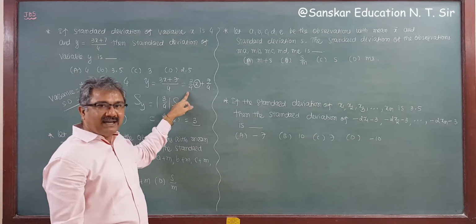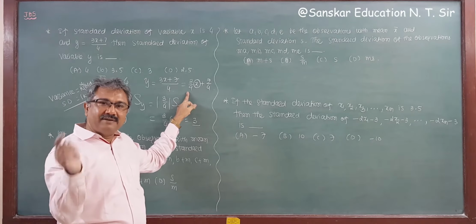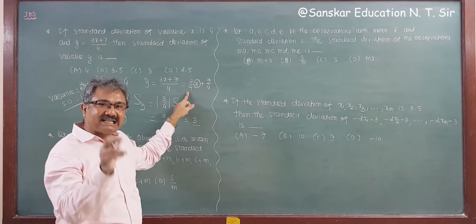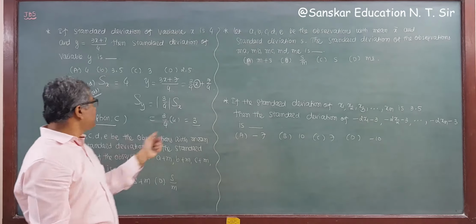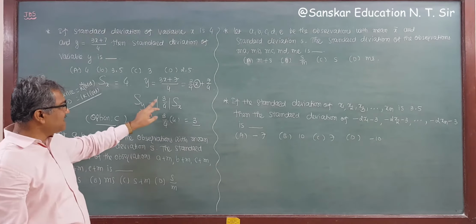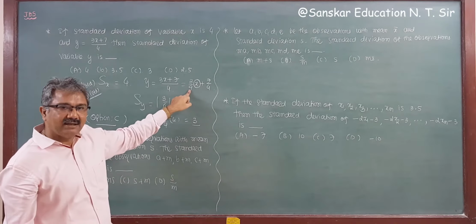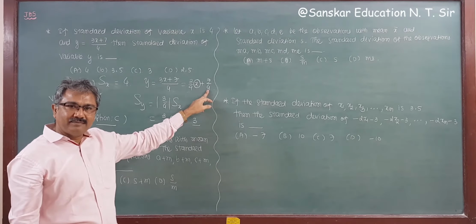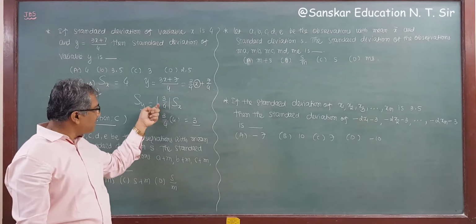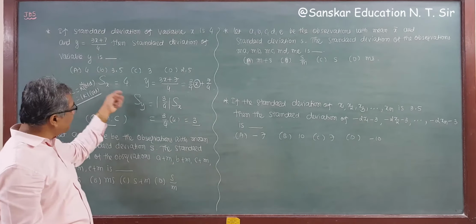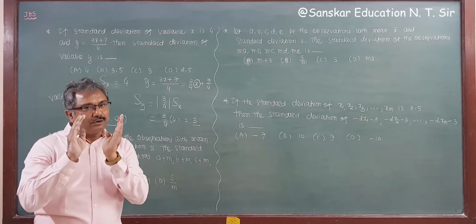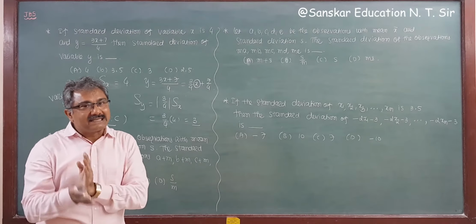If multiplied by k, then the standard deviation is k times the old one and the variance is k square times the old one. There is no effect of adding any number to the observations. So the old one is given as 4, so the answer is 3, right? This is only for your practice and understanding the concept.